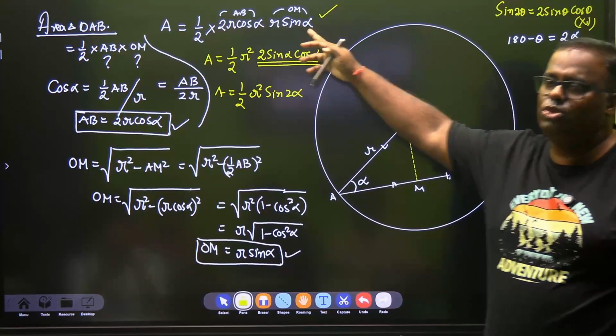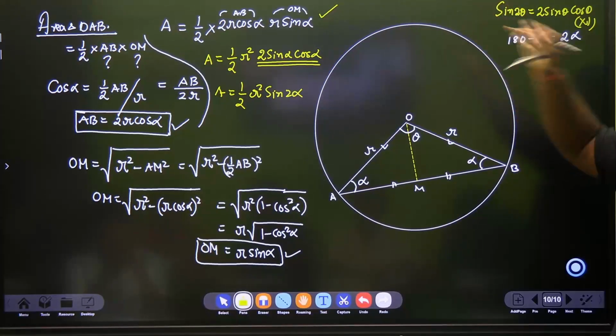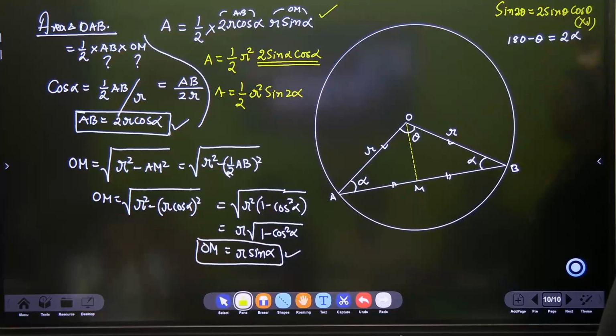इतना जान के रखो, इसको याद मत करो. You will goof up this formula if you memorize it. Don't memorize. You just find out the area of a triangle by the simple process: half base into altitude. My job is to find out base and altitude.